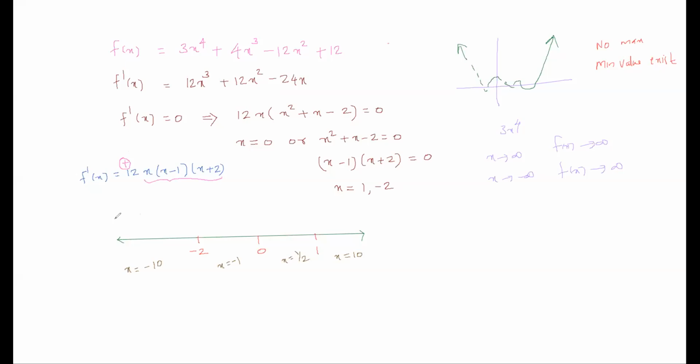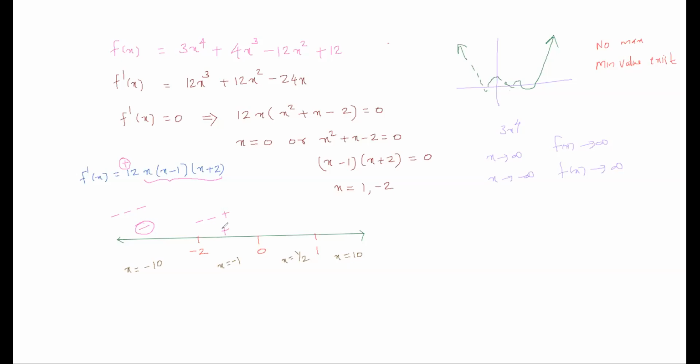At x is equal to -10, x is negative, -10 minus 1 negative, -10 plus 2 negative. So negative into negative into negative, it is negative. Between -2 and 0, x is equal to -1: -1 negative, -1 minus 1 negative, -1 plus 2 positive.